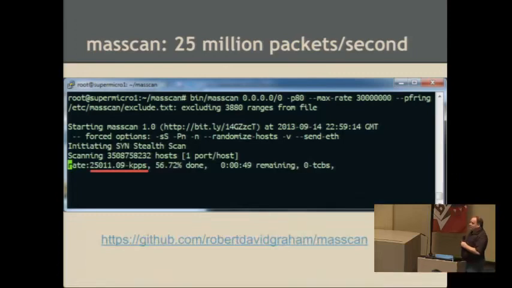So there's nothing special about this except for the fact that it's a 10 gigabit card with a special driver, and my scanner just sits in a tight loop generating those packets from the previous slide and just spewing them out at 25 million packets per second. So it's not quite the 100 million packets per second theoretical limit, because my code has to go off and do stuff, but it's close.